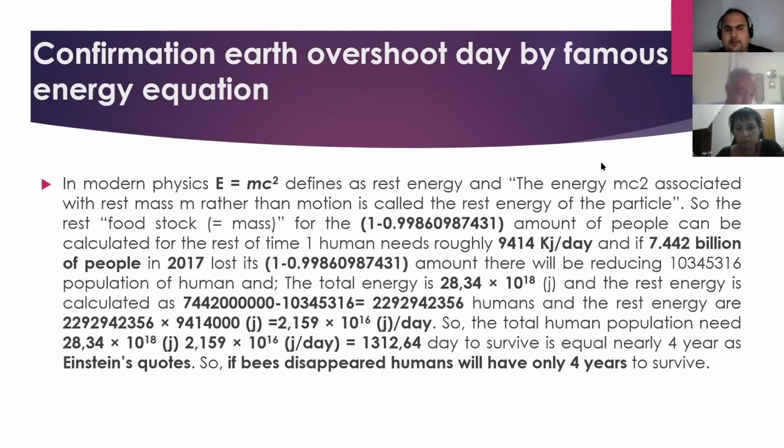So in this expression, you can see the one-day joule energy, how much a human has. So after calculation, I found 1,003 12.64 days for humans to survive in the world.